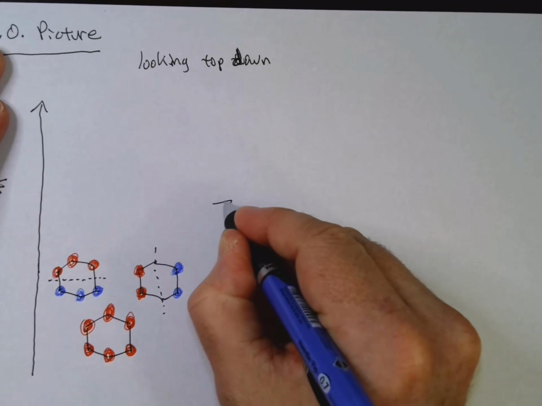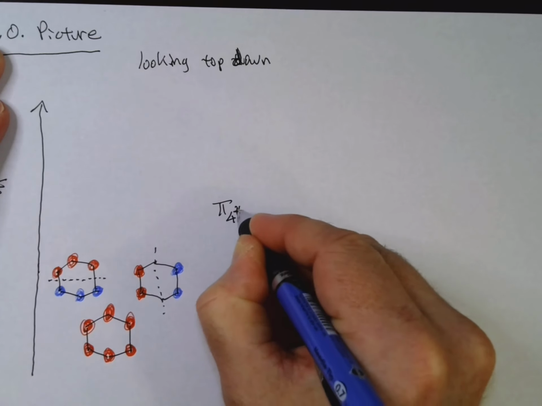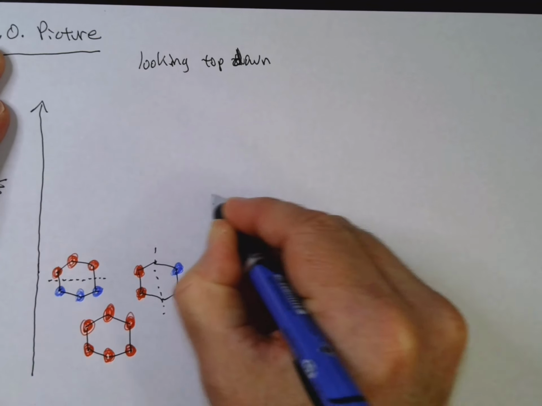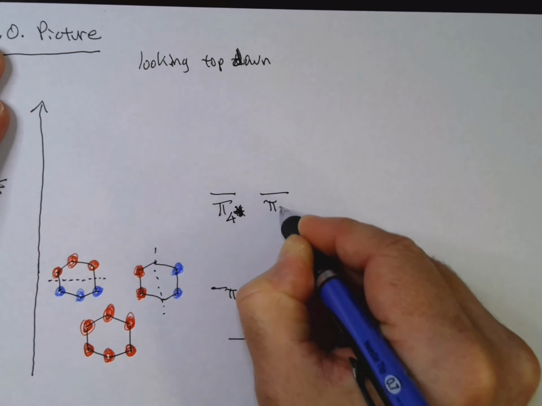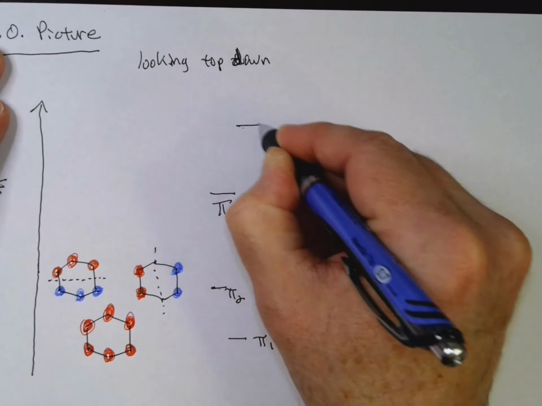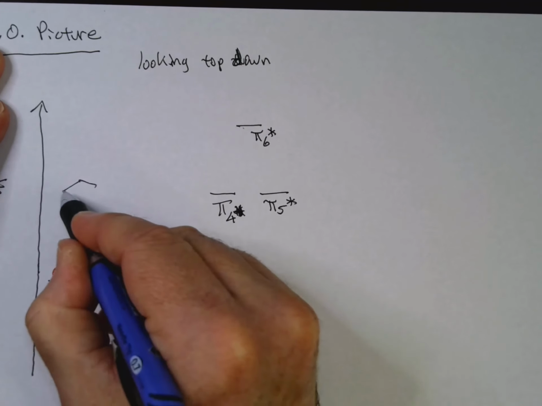Then we can have pi 4 star, pi 5 star, and then ultimately pi 6 star. So let me draw these in here.